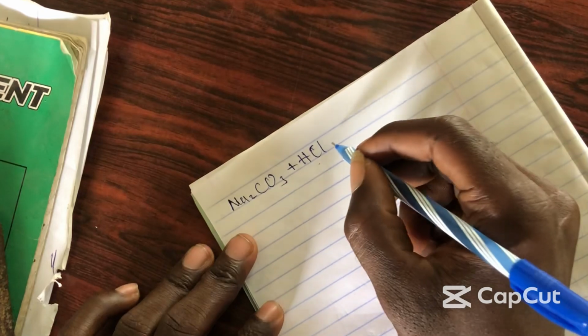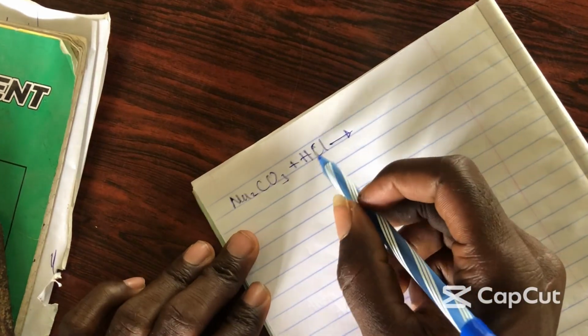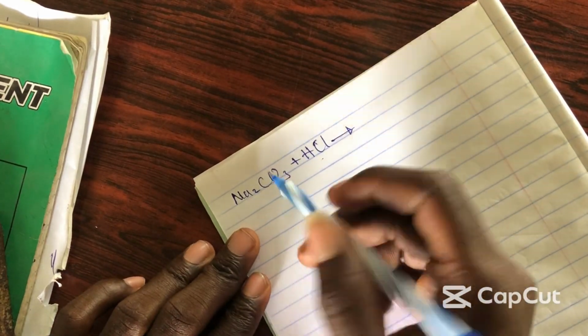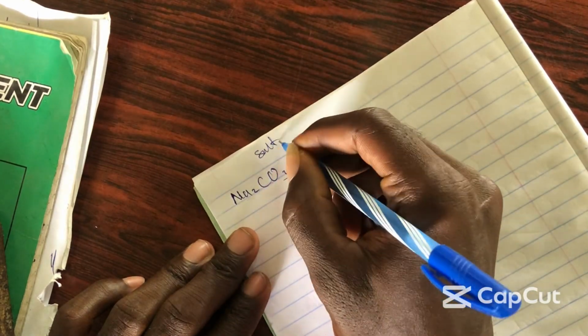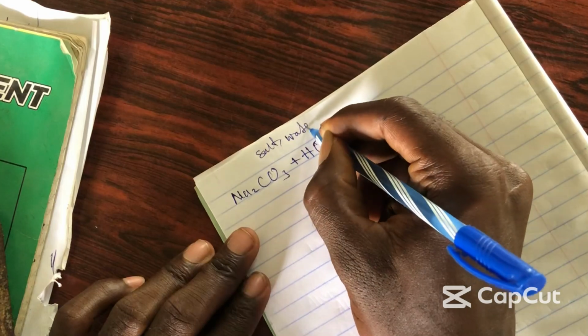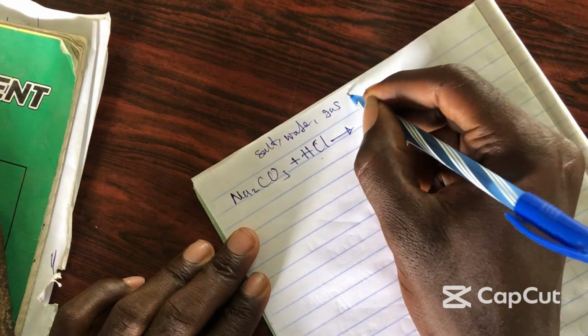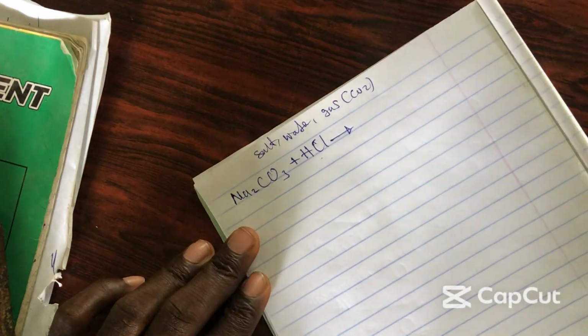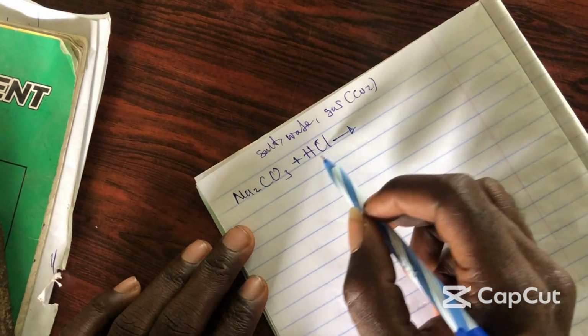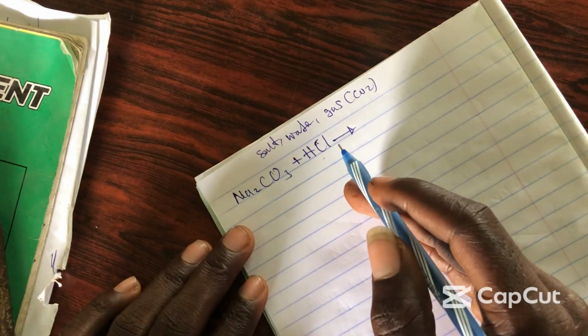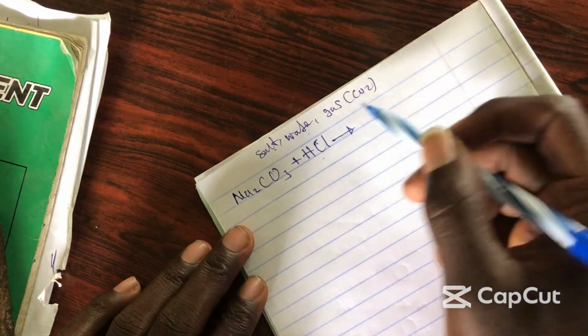You need to understand that whenever an acid reacts with a carbonate, they form three things: salt, water, and a gas. What is the gas? The gas is CO2, carbon dioxide. So whenever acid reacts with carbonates, they form salt, water, and a gas.